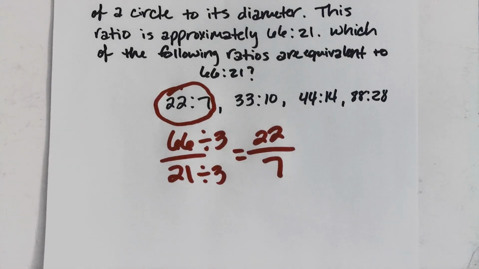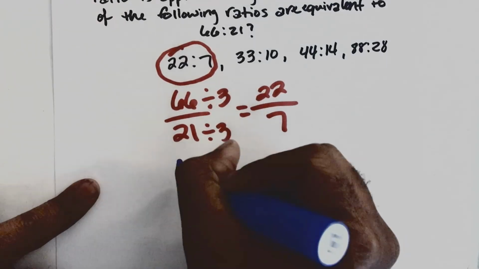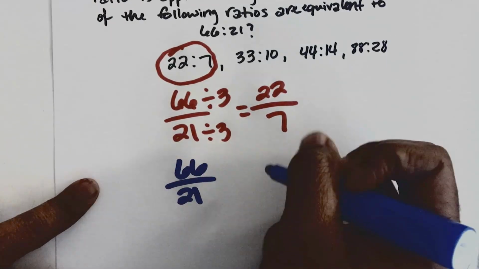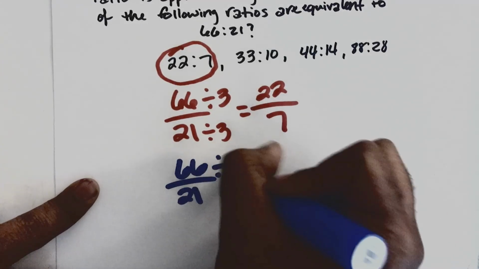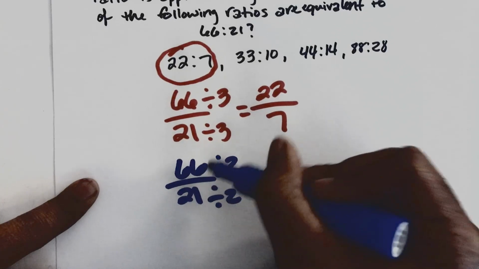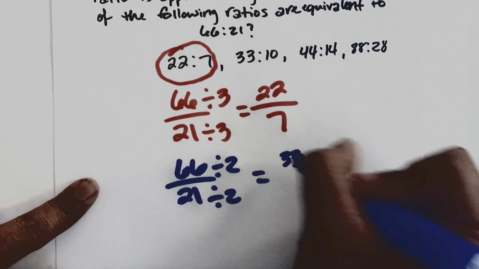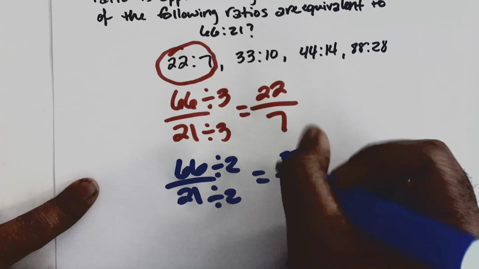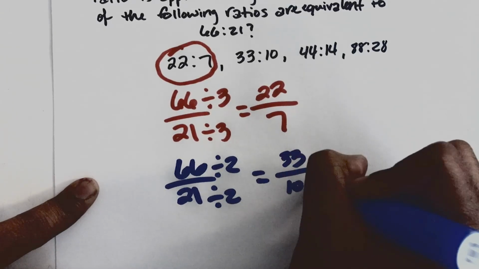Let's look at the next one, 33 to 10. Are we going to multiply or divide? You're right. We can divide, since it's smaller, to figure out if it's equivalent or not. So I'm going to do the same thing. 66 to 21, and I'm going to try dividing by 2. 66 divided by 2 is going to give me 33. 21 divided by 2 is going to give me 10 and a half.